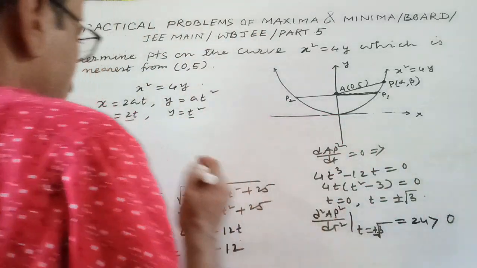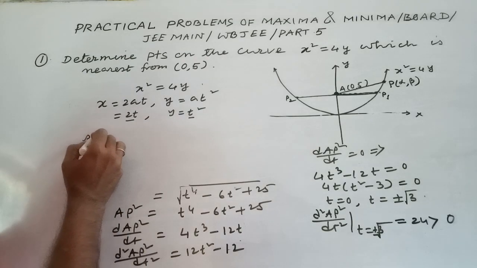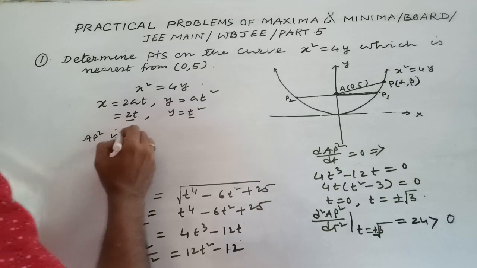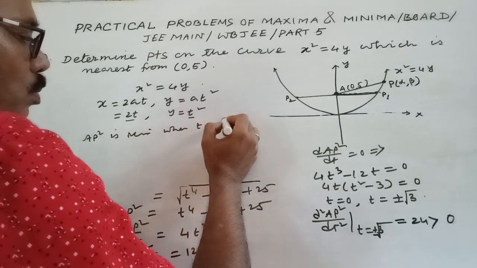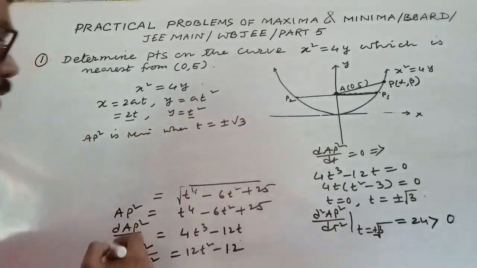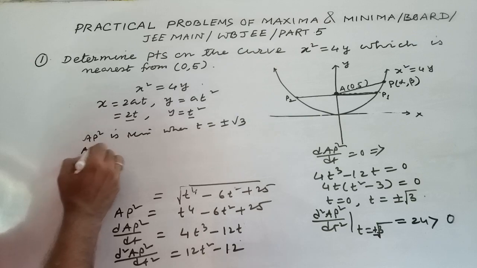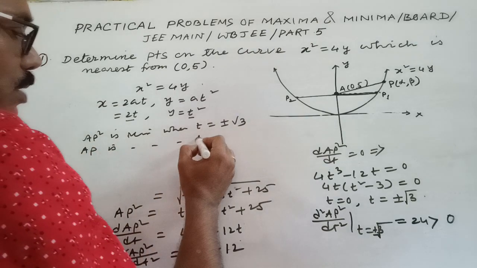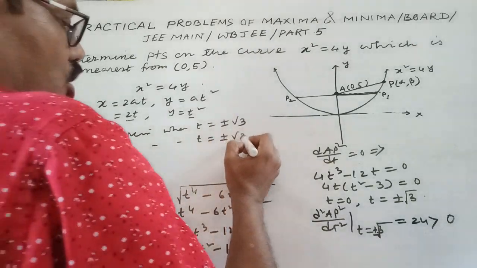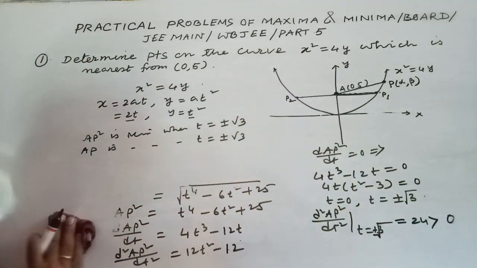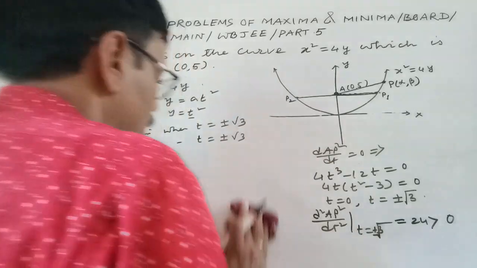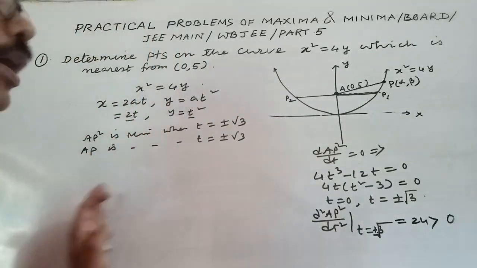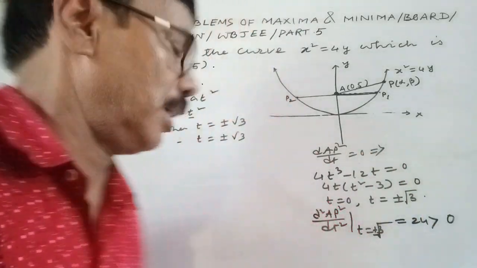So AP square, what is your conclusion? AP square is minimum when t equals plus minus root 3, and hence you must write AP is minimum when t equals plus minus root 3, because we are interested to find the distance AP.